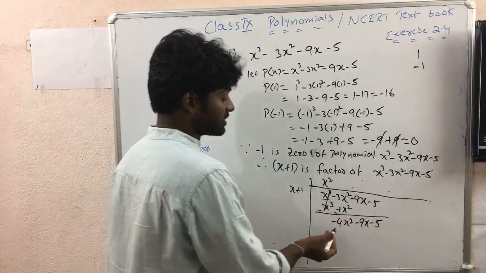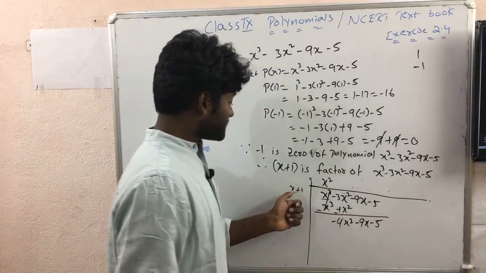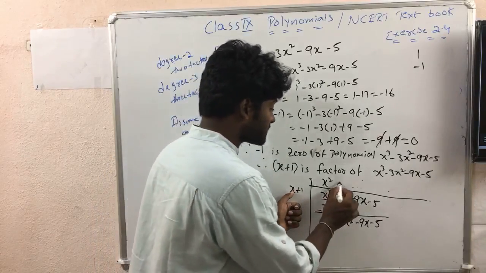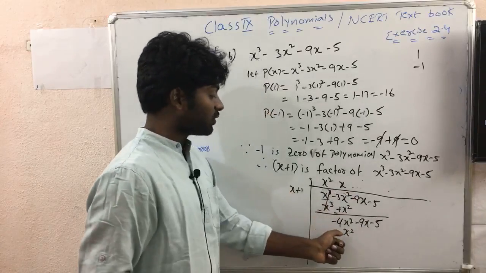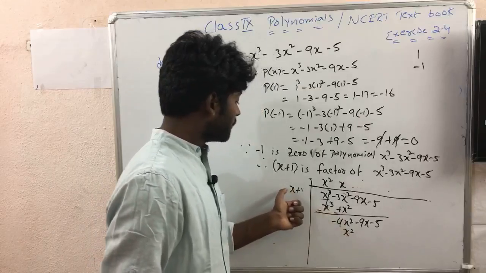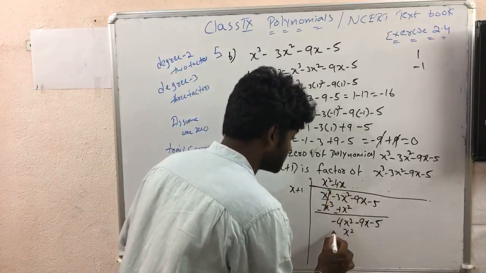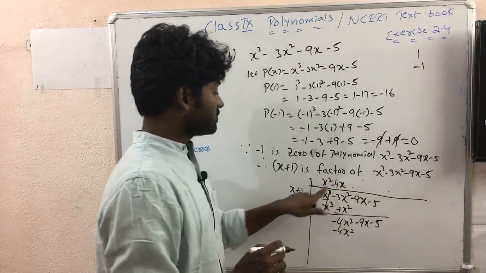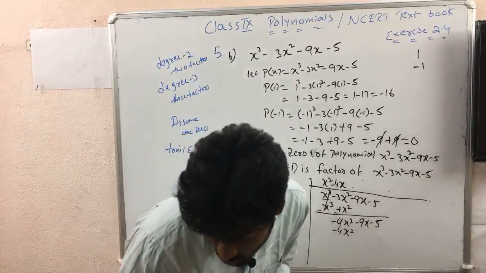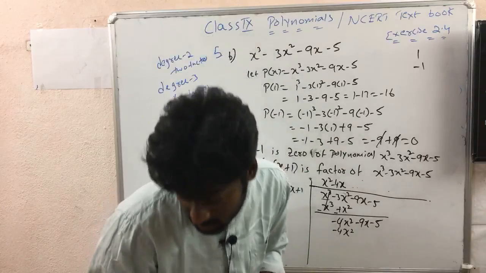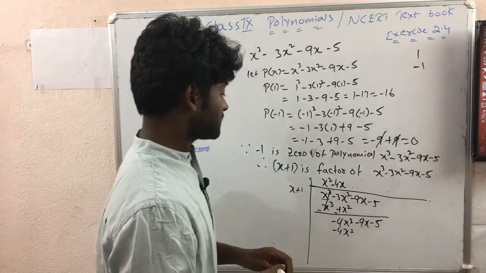Again, the first term here is minus 4 x square. So x should be multiplied with x to get x square, but again the coefficient is not 1, we have minus 4. Here the coefficient is 1, so 1 into minus 4 gives minus 4 here. So x into minus 4 gives minus 4 x square.